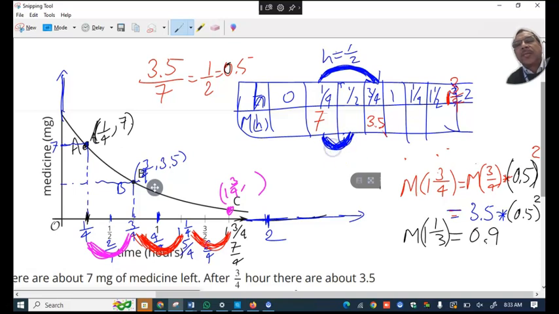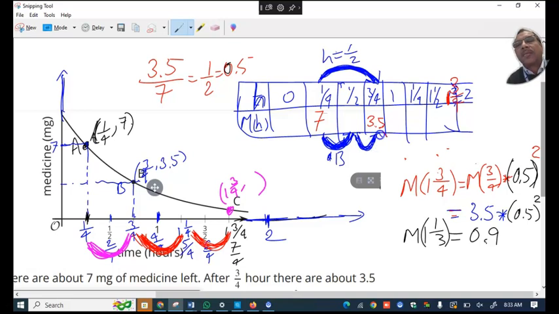I don't know what this number is yet, so I'll call it uppercase B, for every quarter. And also, how do you compare this decay factor to the one from half an hour to 3/4?